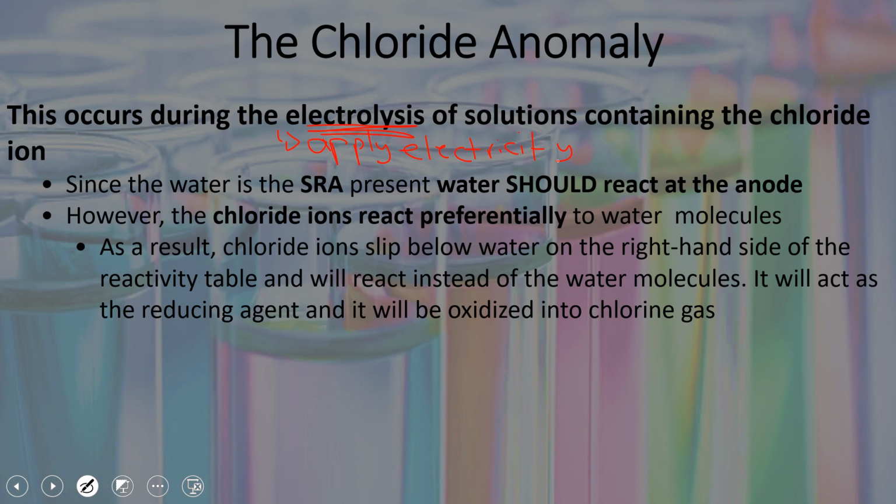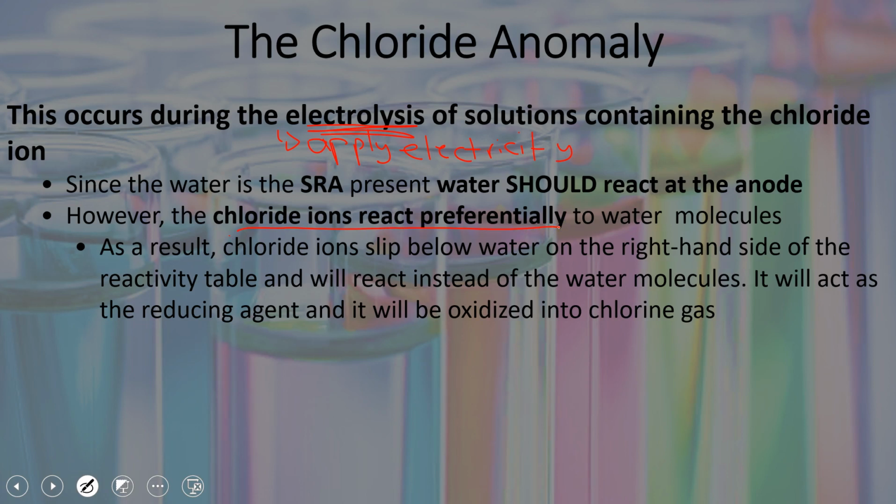In these situations, usually water, so if I put salt water, sodium chloride and water together, what you would think would happen is water would be the SOA, water would be the SRA. But that actually doesn't happen, because the chloride ion reacts preferentially with water.